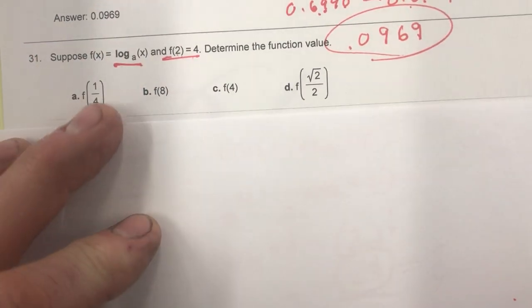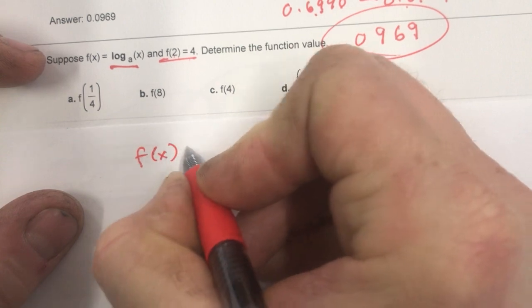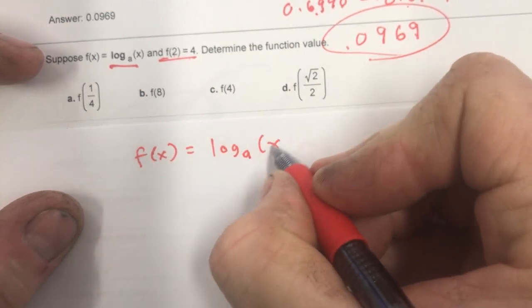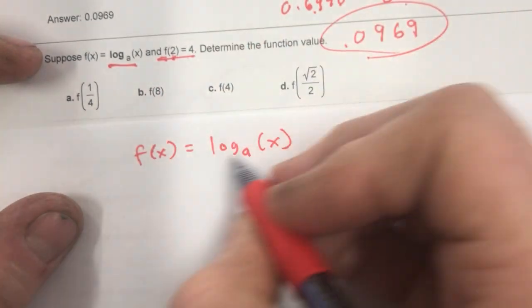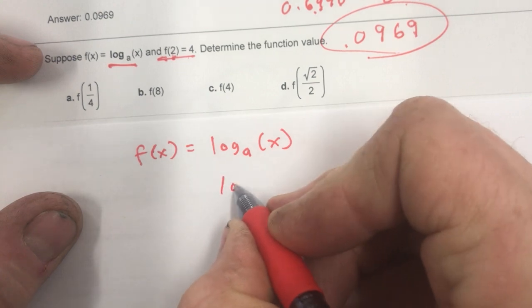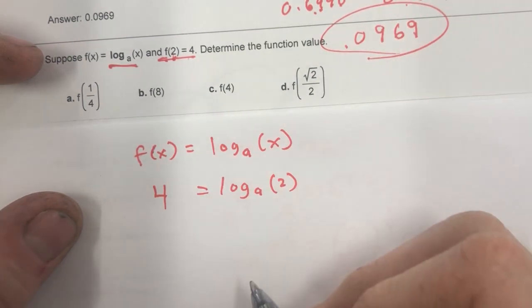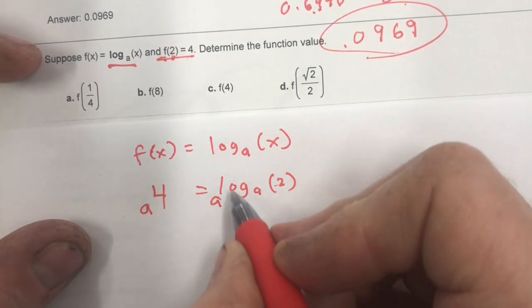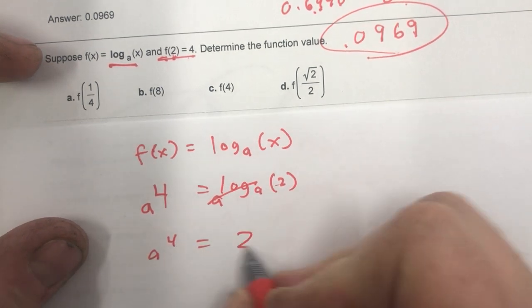Let's do this again. It might help to see this go through again. Okay, f of x equals log base a of x. It says f of 2 is 4, so that means when x is 2, when I got a 2 right here, this over here is 4. Okay, so a to this power equals a to that power. This cancels. So a to the 4th power equals 2.